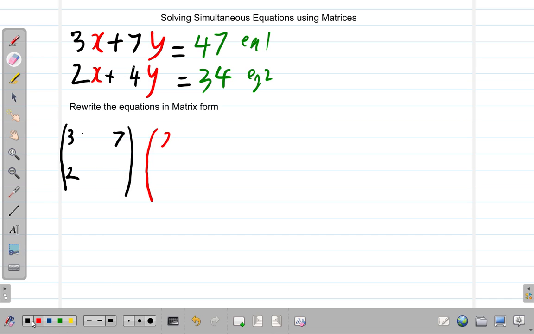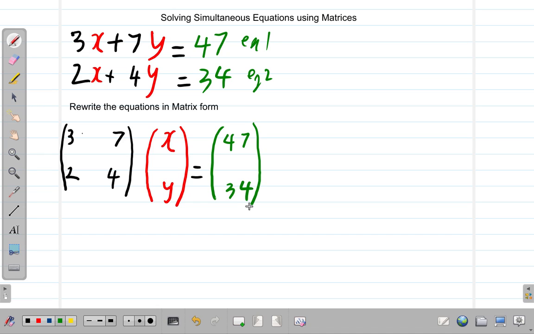It's 3, 7, 2, 4, multiplied by x, y, equals another matrix to represent these numbers over here: 47, 34. Good. You have that matrix.